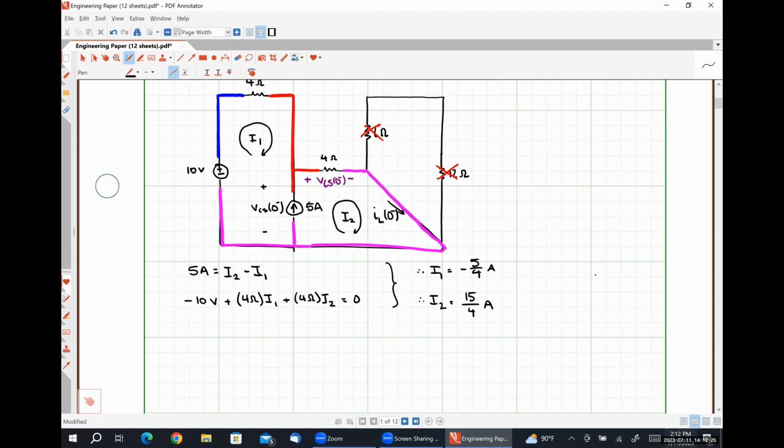And I can see that VCS at 0- is just 4 ohms times I2, or 15 volts. Another thing, just while we're at it, is that I2 is the same thing as IL at 0-.